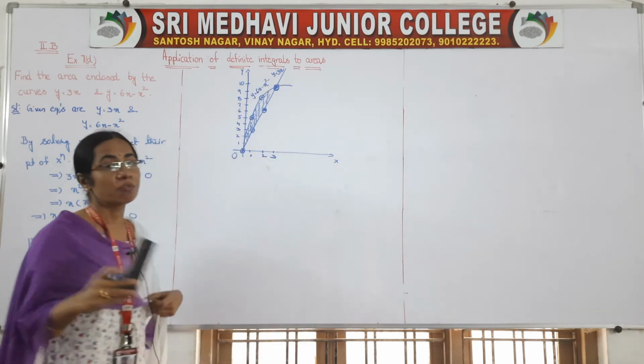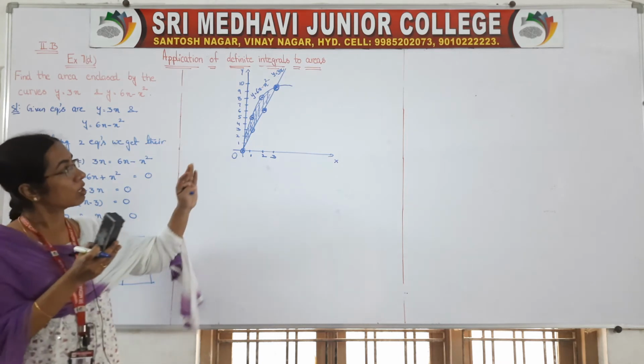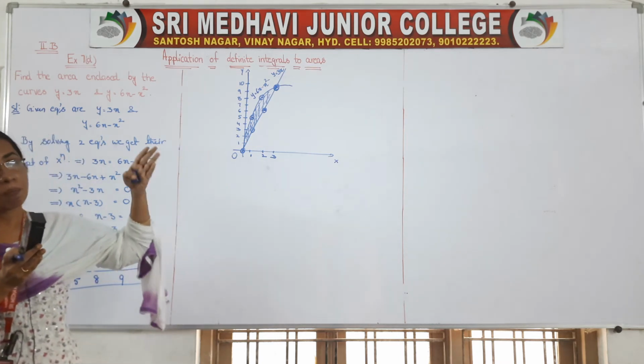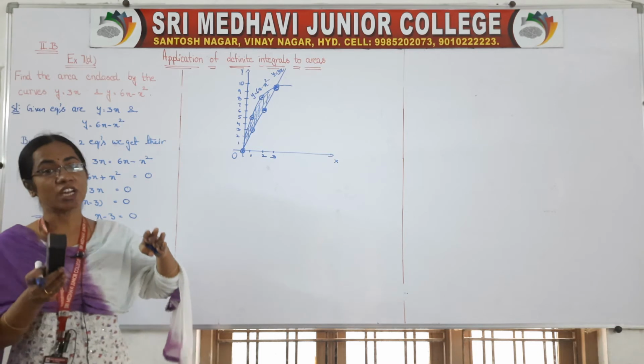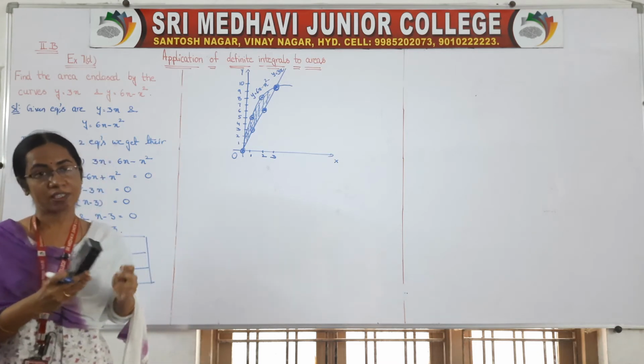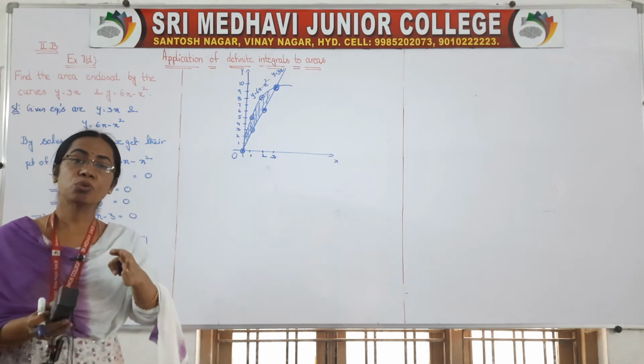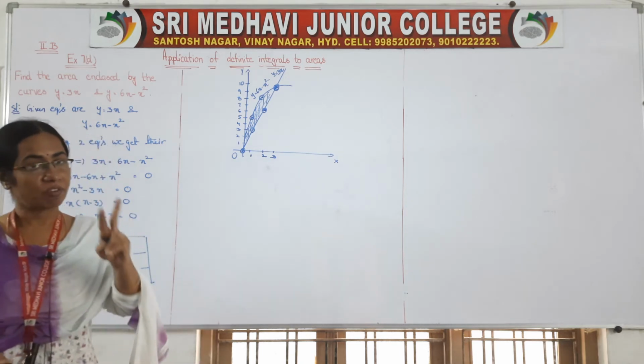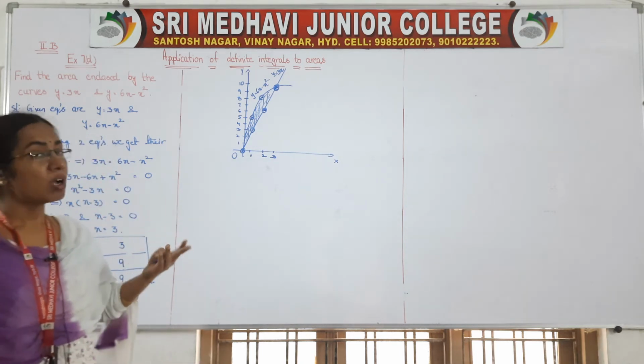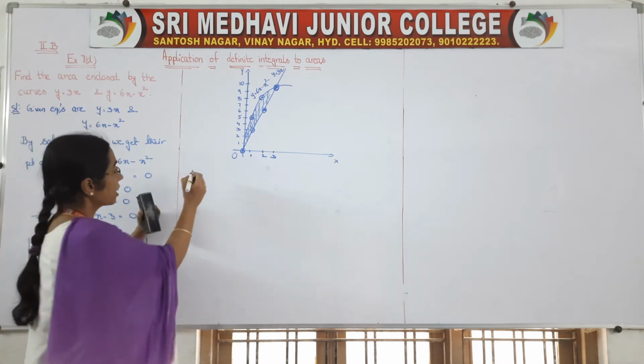First we have to take the curve which lies upwards, minus the curve which lies downwards. That is the procedure to find the area when two curves are given to you.